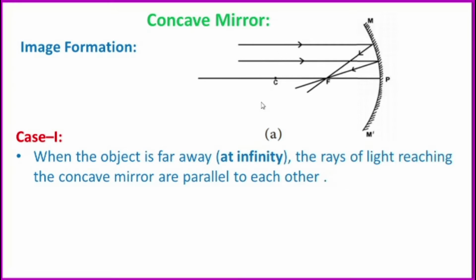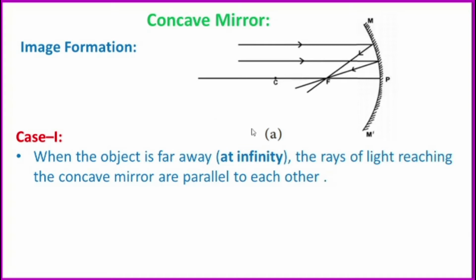For example, a ray that is parallel to the principal axis, or a ray that appears to pass through the center of curvature, or a ray that appears to pass through the focus. So we take any two rays.